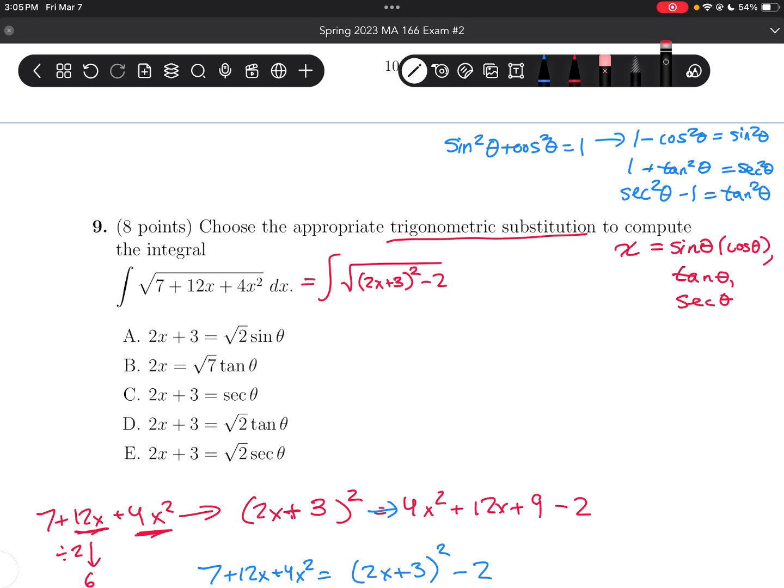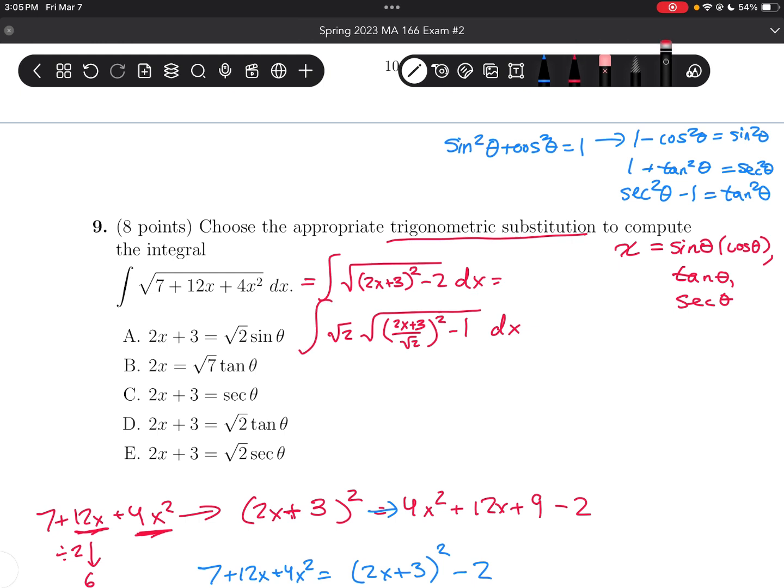The reason is because in all of these equations, I have a 1. So factoring it out helps me see much better which one I should use. If I factor this out, I get root 2 times ((2x plus 3) divided by root 2) squared minus 1.